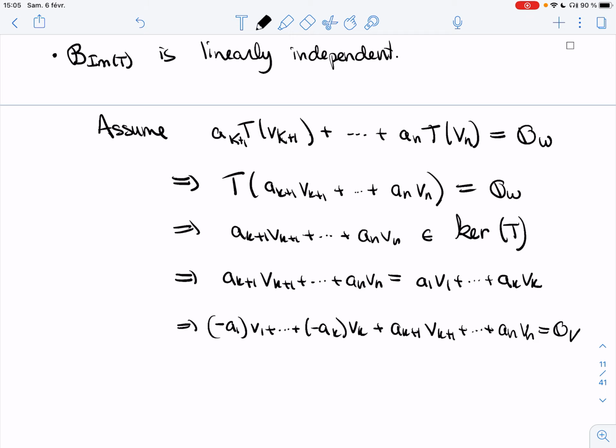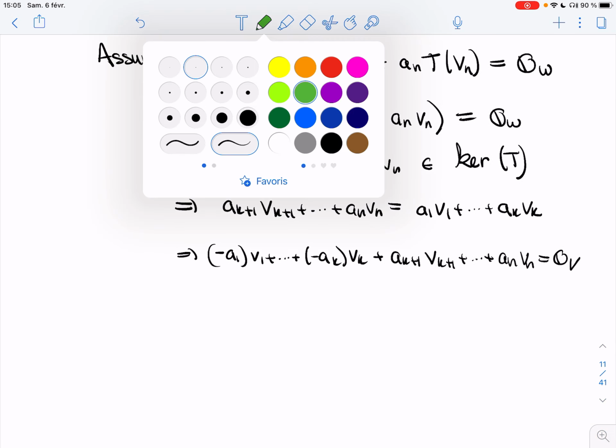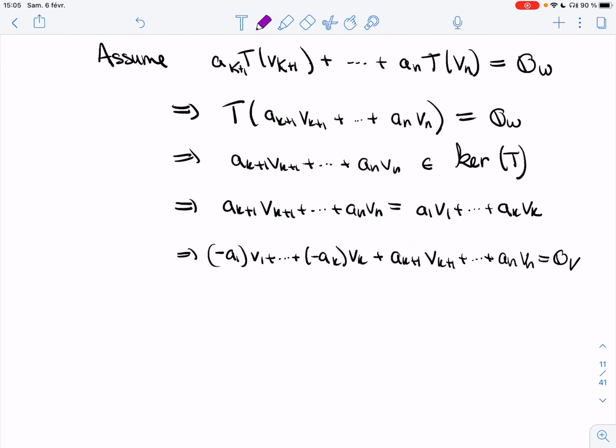We're in V now, so 0 of V. I had a moment there where I wasn't sure where I was. All right, but since I have a basis B, it is linearly independent. And so all of these coefficients must be 0.